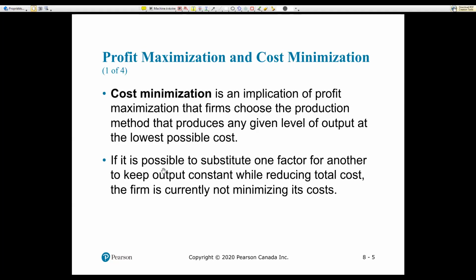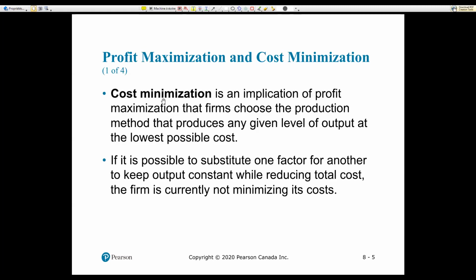And if it was possible to substitute one factor for another and keep the output constant while reducing total cost, then obviously I would do it. So if I can produce 10, but instead of 10 workers and 10 machines, I could have 9 workers and 11 machines, and it could cost me less, then of course I would do it.